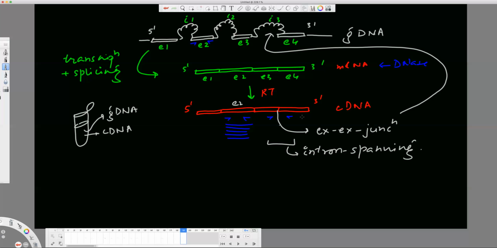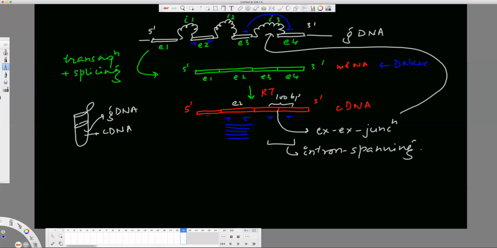Now more often the introns are very long. So if this product was just 100 base pair when we consider the cDNA, the same primers can again bind to genomic DNA, no doubt about that. One will bind here, another will bind here, but now the product size would be longer.